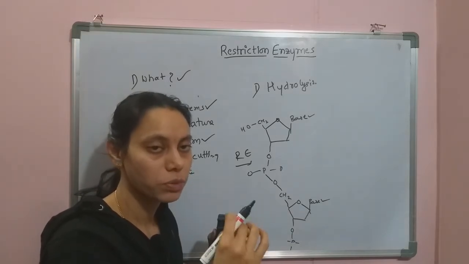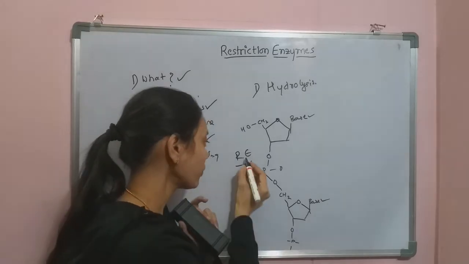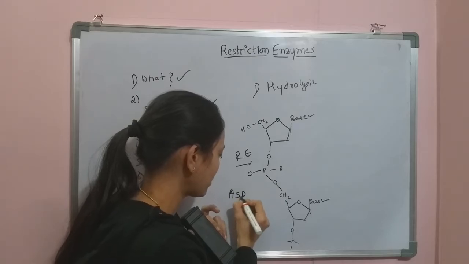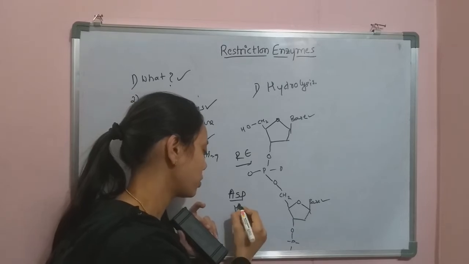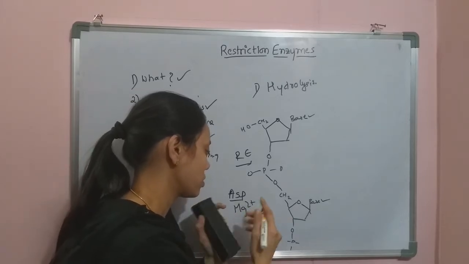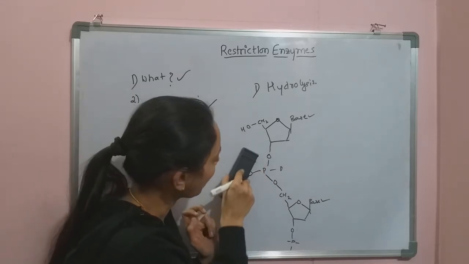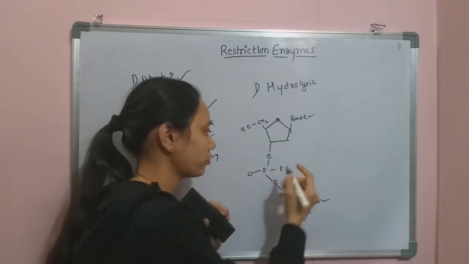The responsibility of the active site is its function. Here this restriction enzyme has aspartate in its active site which contains Mg2+ ions. So these Mg2+ ions present in the active site are responsible for the cutting.